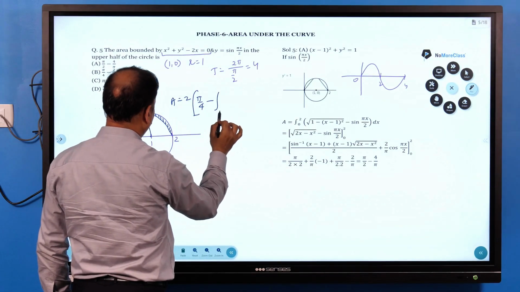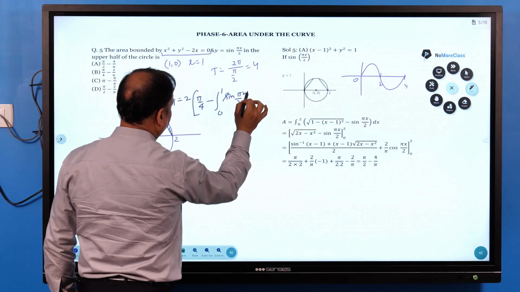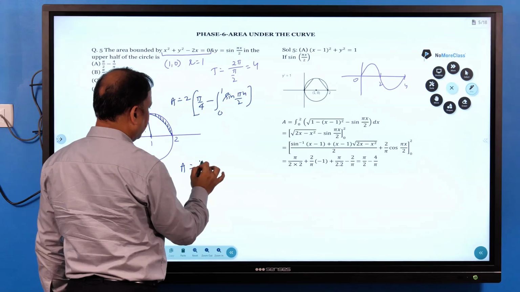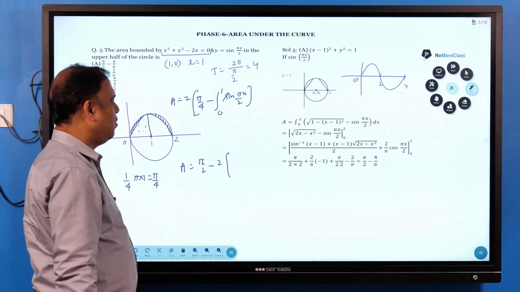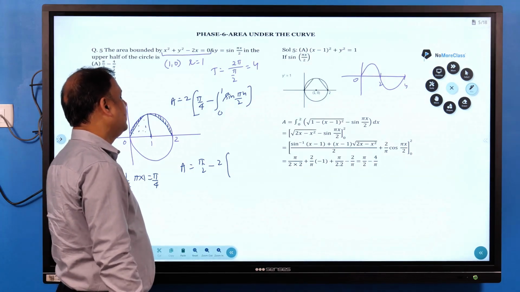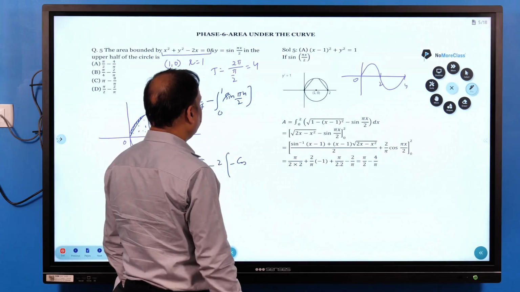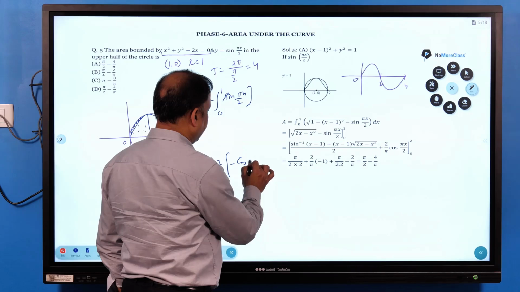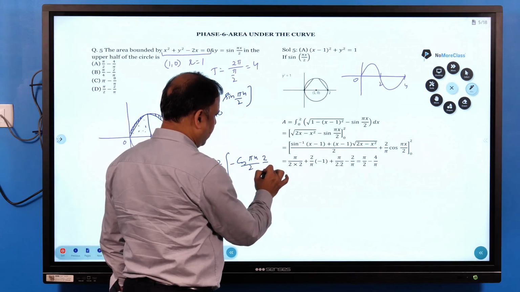So the integral from 0 to 1 of sine pi x by 2. So the area will be pi by 2 minus 2 times the integration of sine pi x by 2. The integration of sine is minus cos pi x by 2, and then we will divide by the coefficient, so 2 upon pi.